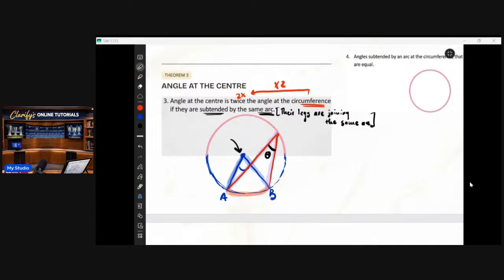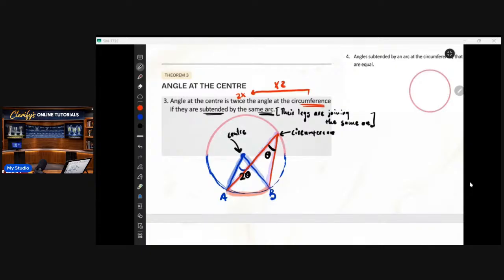So this is the situation we are talking about. We have an angle at the circumference and the other at the center, and both angles are being subtended by the same arc, arc AB. So automatically we use this third rule, which says the angle at the center is 2 times the angle at the circumference. This is theta, so the one at the center will be 2 theta.